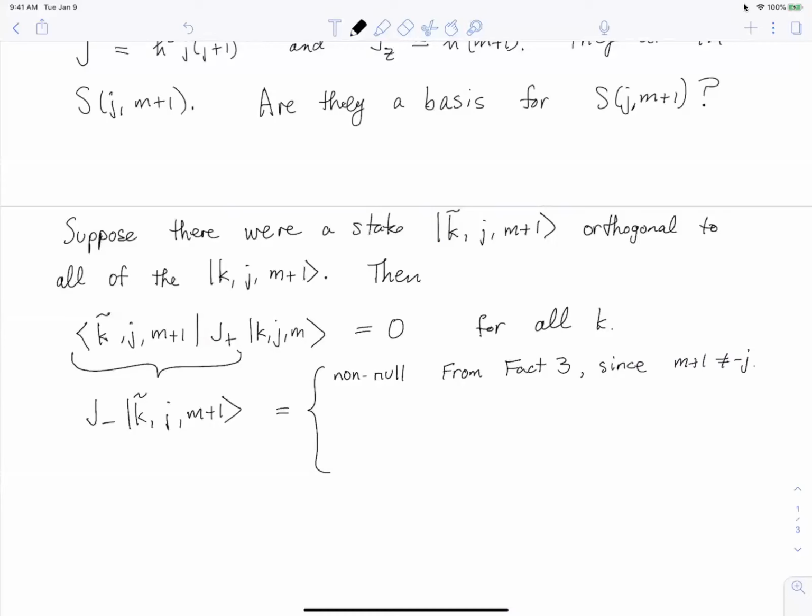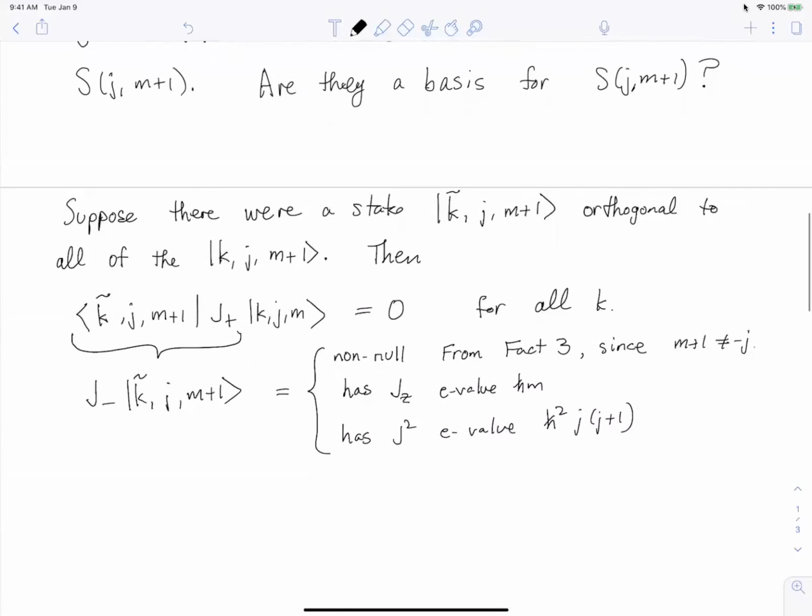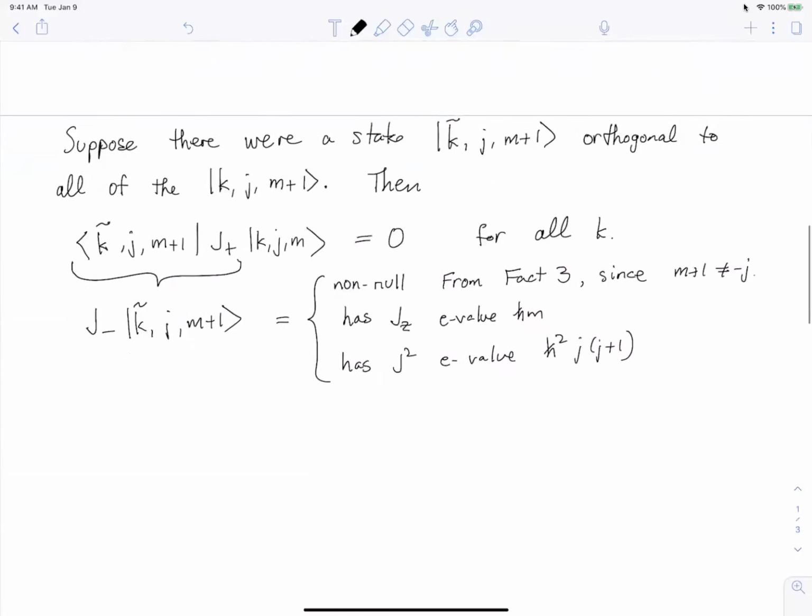So it's non-null. It has J sub z eigenvalue ħM, and it has J squared eigenvalue ħ squared J times J plus 1. And it's also orthogonal to all the |KJM⟩'s.